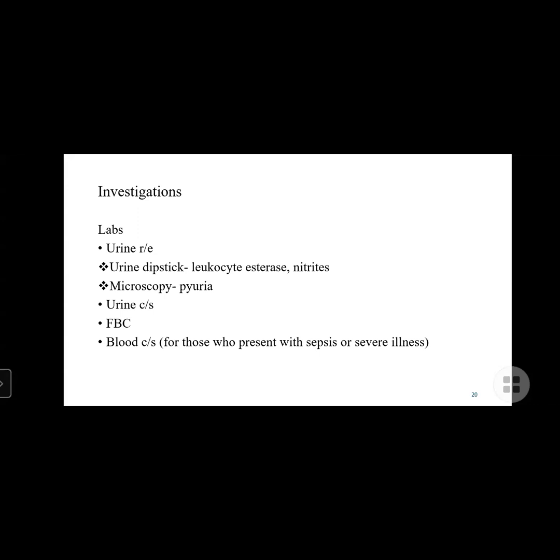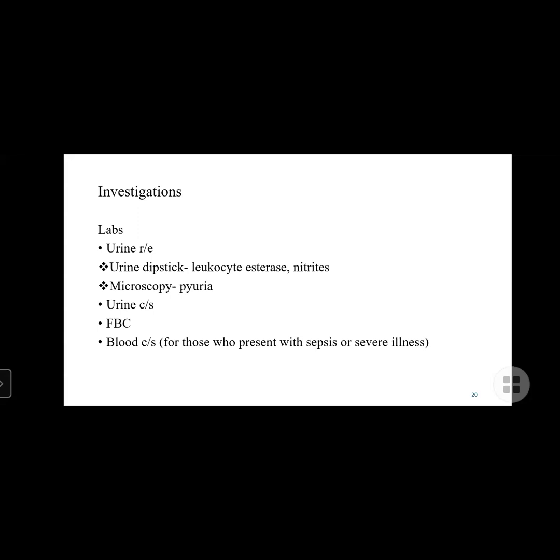With the urine dipstick, there are various parameters, but in acute pyelonephritis or urinary tract infections in general, we usually look out for two parameters. These are the leukocyte esterase and nitrites.